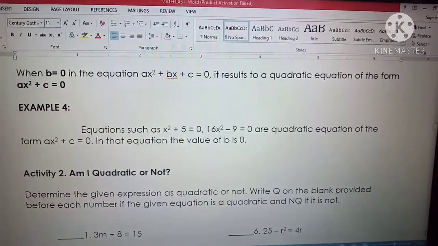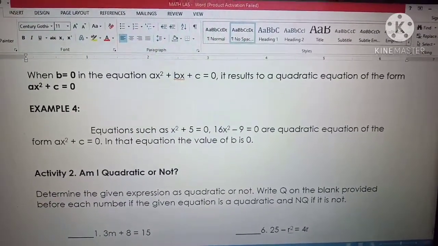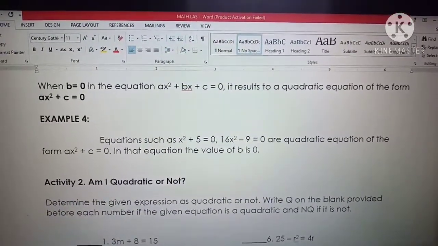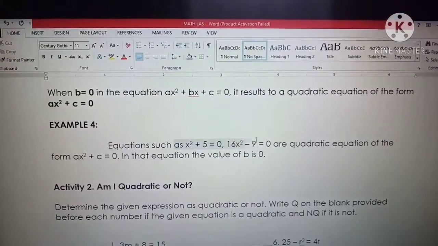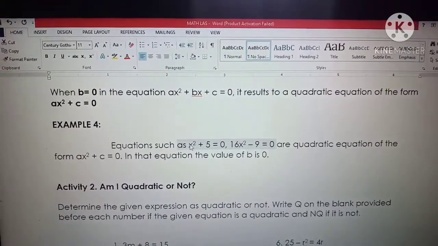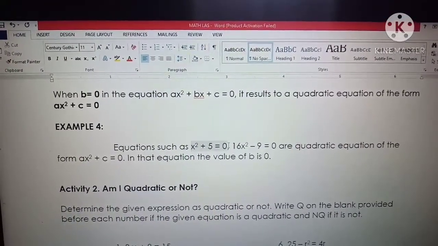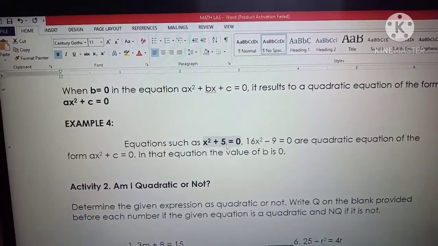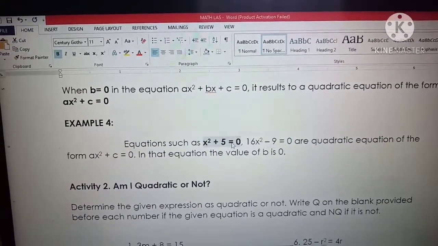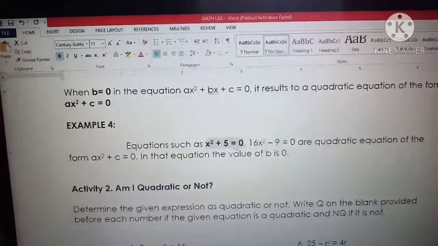So, we also have some equation na nakakalito. For example, so ano ba yung mga equation na nakakalito? Ito yon. So, we have x squared plus 5 is equals to 0. So, itong equation na to ay quadratic equation.